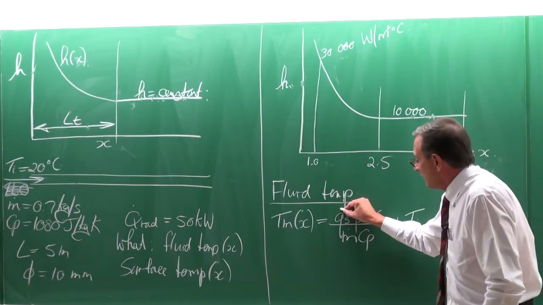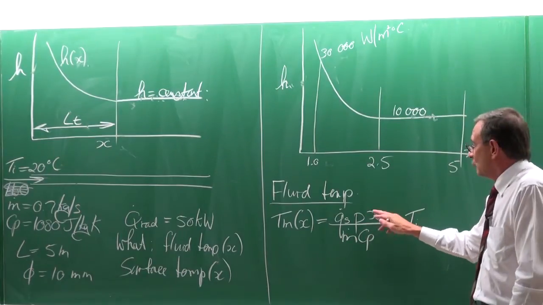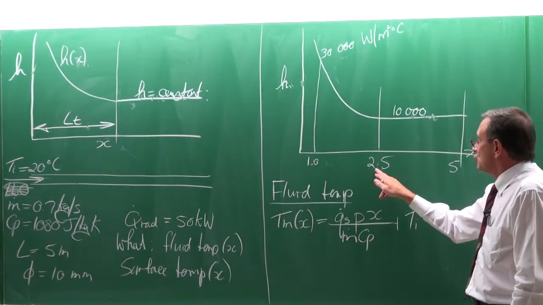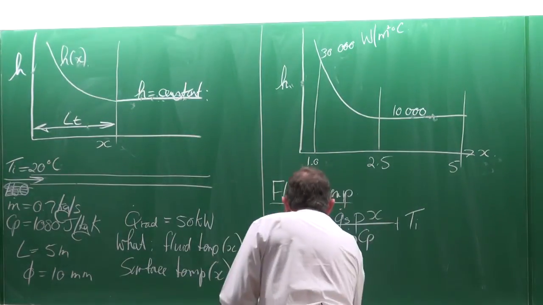Okay, we need the heat flux. P is easy, and for different values of x, for 1 meter, 2.5, and 5 meters, we're going to calculate the fluid temperature. Let's first go and calculate the heat flux.